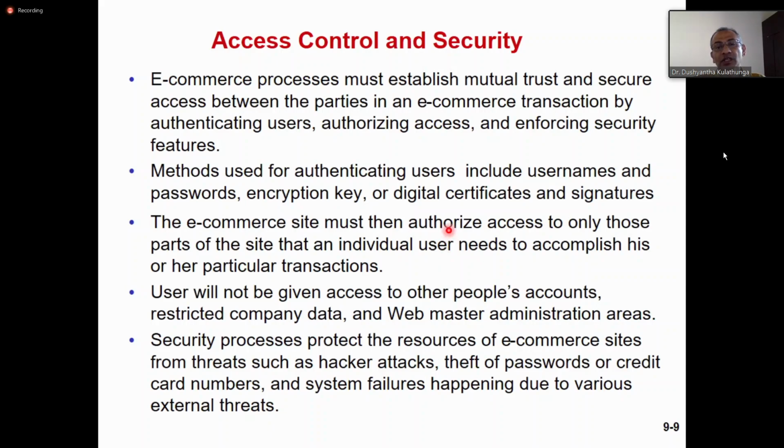You can access only your account. Access will be limited to your account. But for an employee, access will be wider, and he can usually access the accounts of any customers. So that sort of authorization should be determined. Authorization should be made. That is the second step.